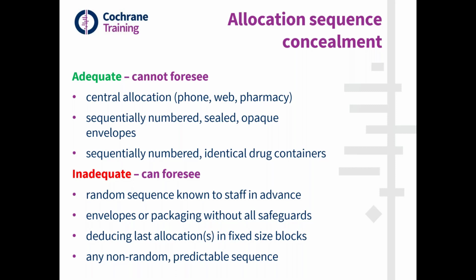If, for example, the block size was 6, and you know what intervention group 5 participants were allocated to, it is possible to deduce the last allocation for the 6th person. And then finally, if you have a non-random or some sort of systematic allocation sequence, then it's really difficult to conceal it because it can be predicted.